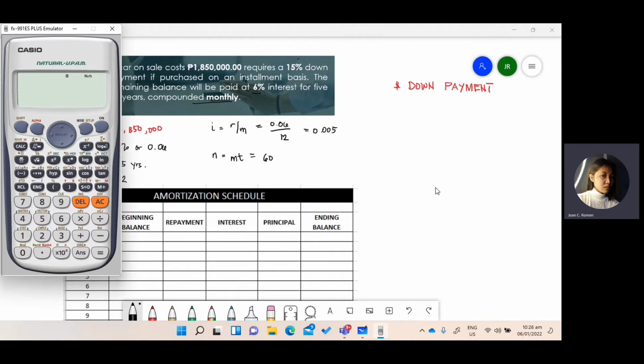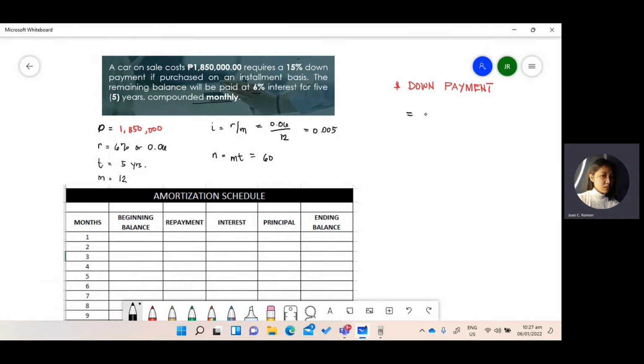Okay. So, kailangan natin ng down payment. So, again, 15% down payment ang kinakailangan kapag installment basis. So, to solve for the down payment, just simply get the 15% of our original price or of our principal. So, 15% nito is equal to 0.15 multiplied by 1,850,000 pesos.